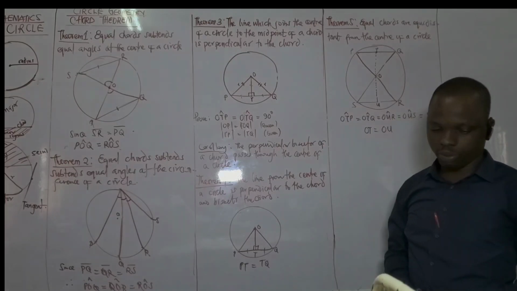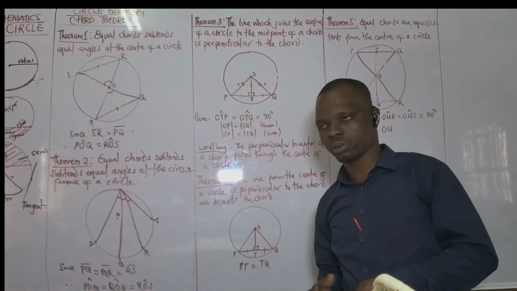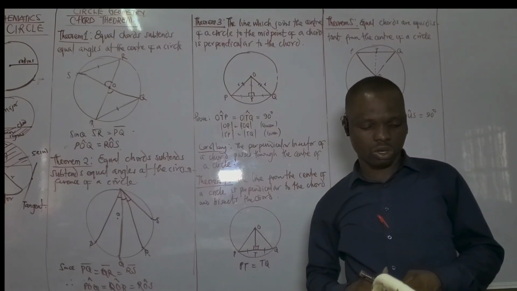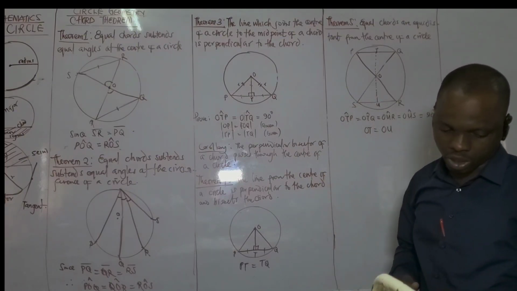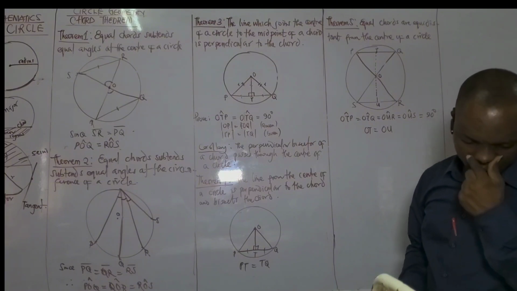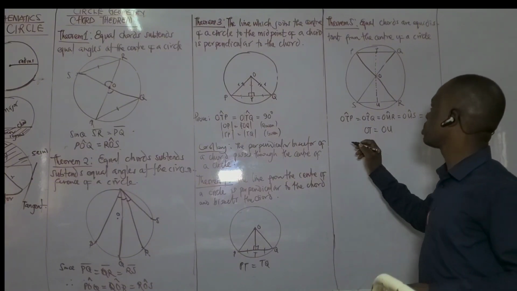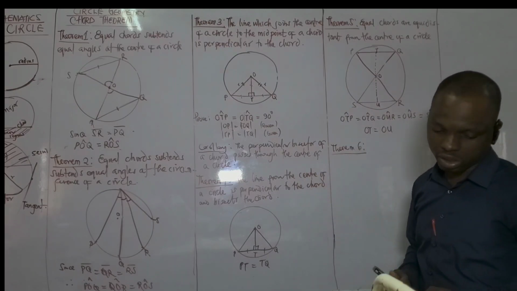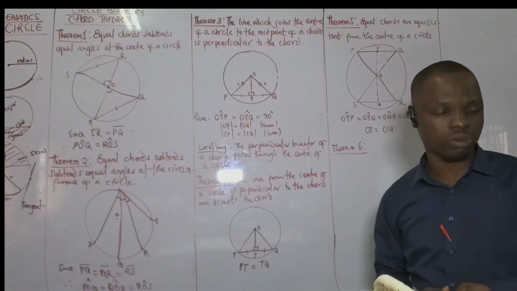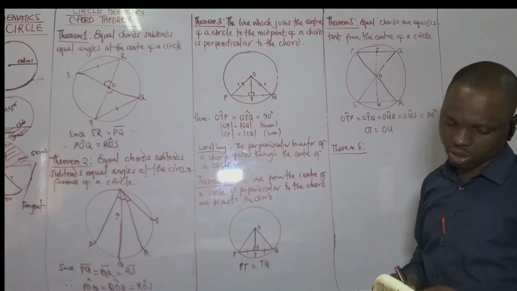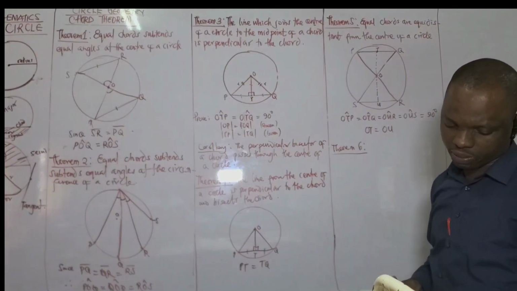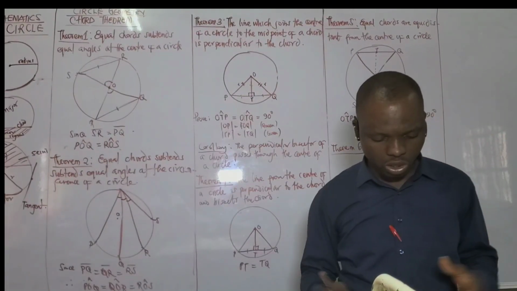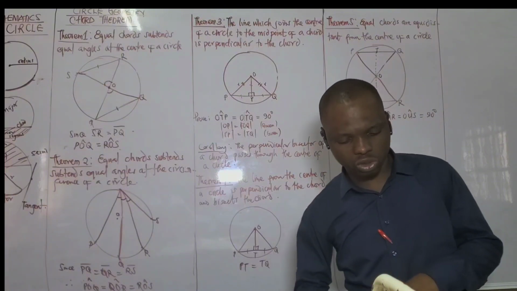So I'm not doing much of the proving here. This is just like a revision for you to know some of these theorems and how they come into play here. The next one is Theorem 6. This Theorem 6 says that equal chords of equal circles are equidistant from the center of the circle, or in equal circles, chords which are equidistant from the center are equal to each other.